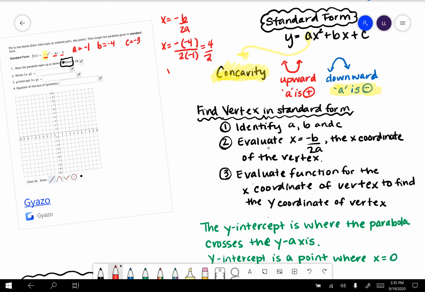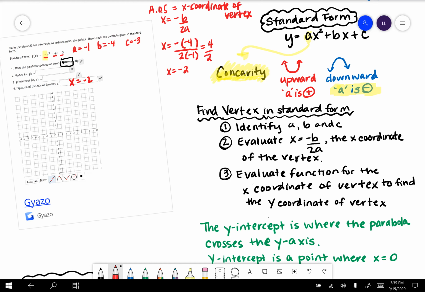And so x is equal to 4 divided by negative 2, which is negative 2. We also found the axis of symmetry by finding this. This is the x coordinate of the vertex, but it's also the axis of symmetry. So x is equal to negative 2.